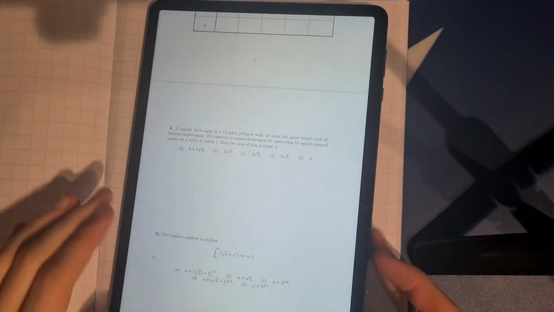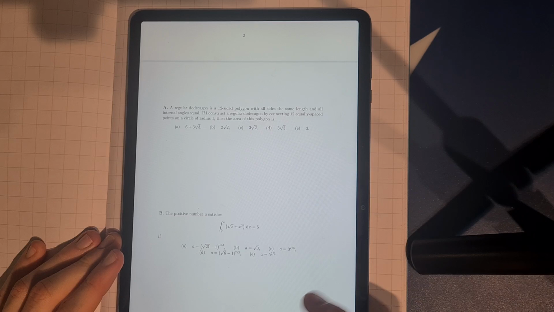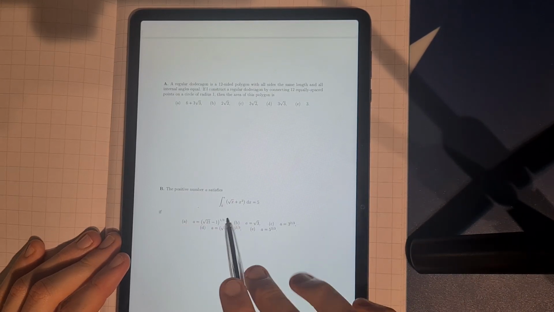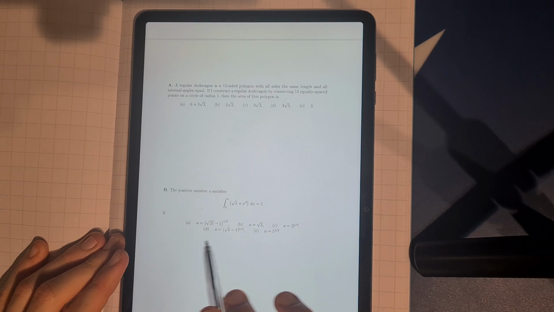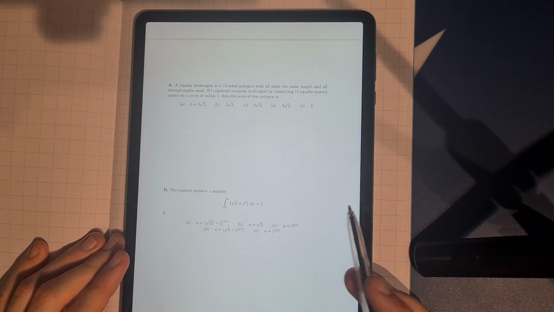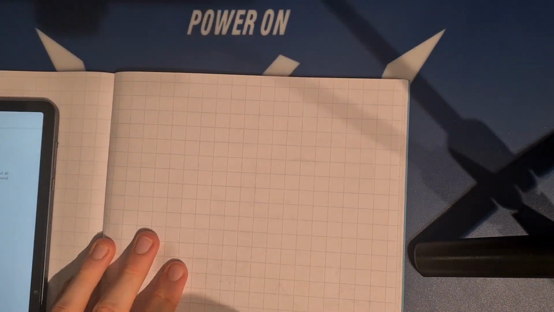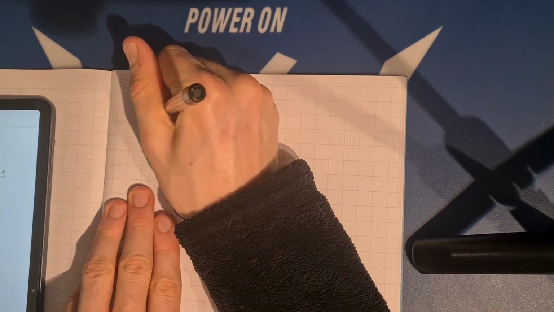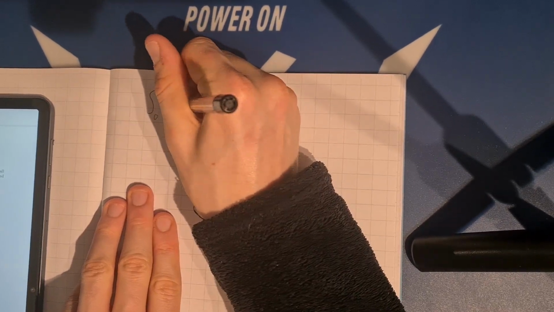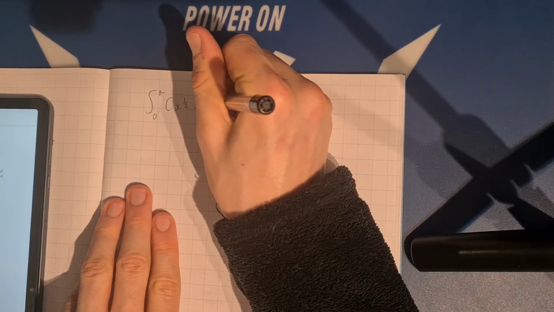The positive number A satisfies that the integral equals 5, and we need to find A. Okay, so I'll write this down at the top here and we'll work from there. So you're going to have the integral of A, convert that to fraction, well, indices form.